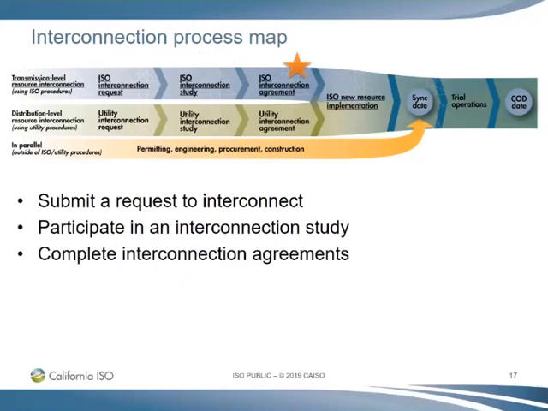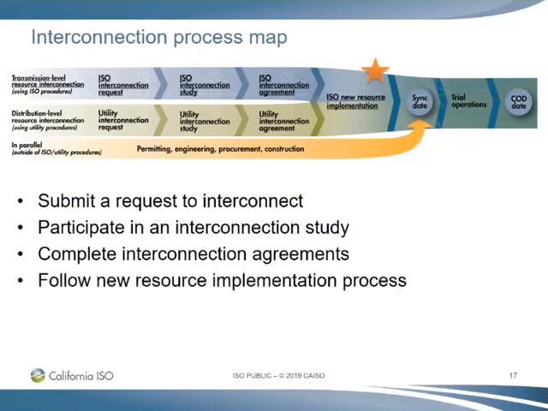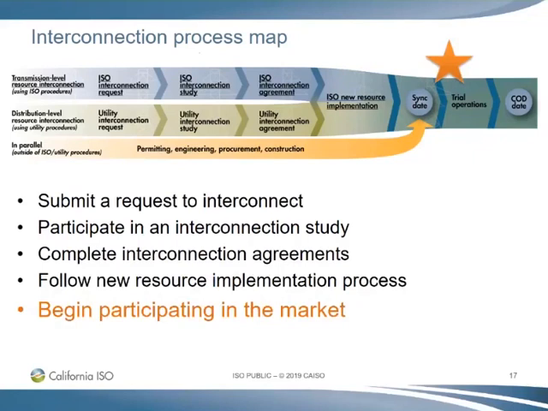After the studies and approval to move forward, interconnection agreements are signed, and then the new resource implementation process begins. Once this process is complete, the resource can begin participating in the market. The tariff allows 7 years for a project to reach its commercial operation date after the interconnection request is submitted.